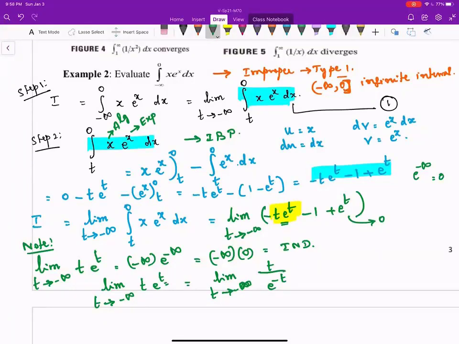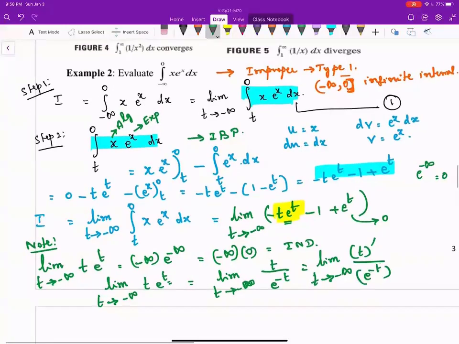The idea here is that we want to apply L'Hopital's rule, and L'Hopital's rule applies only to an indeterminate quotient. We want to bring it to the quotient form. That's why we write it like this. Now you take the derivative of the numerator over the derivative of the denominator.